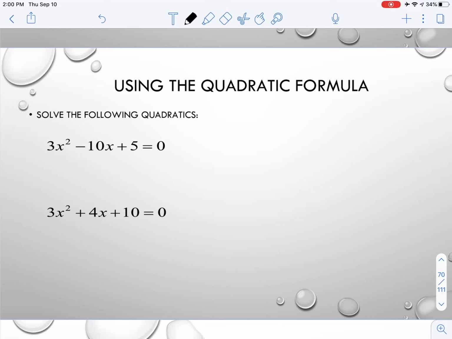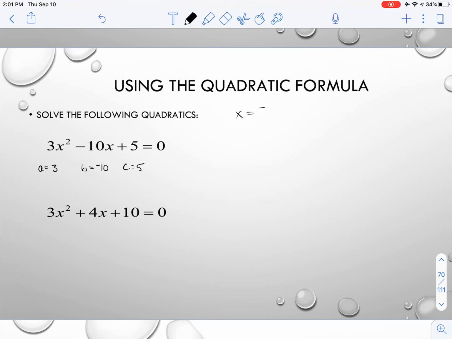So when we're using the quadratic formula, we can run into the same thing where we have complex solutions. Before, if you got a negative, you just said, well, I don't really know what to do here, or we intentionally made sure that you didn't run into any of those. So let's do one of the two examples here. Let's use the first one. If I let a equal 3, my b value equals negative 10, and my c value equals 5.